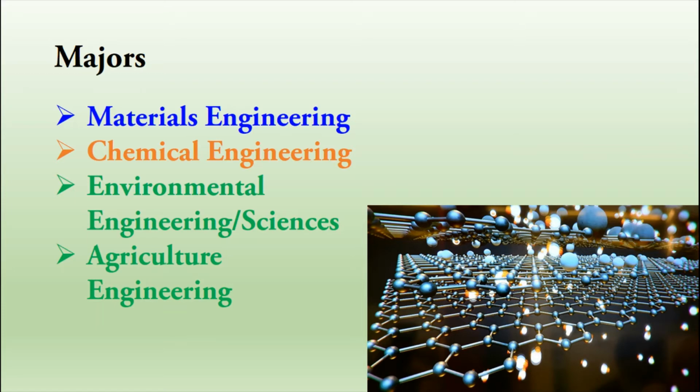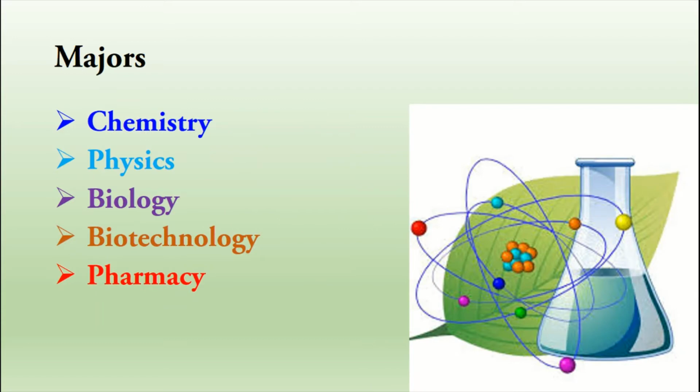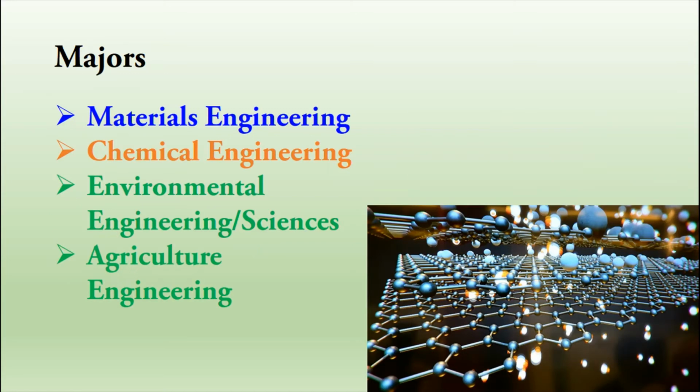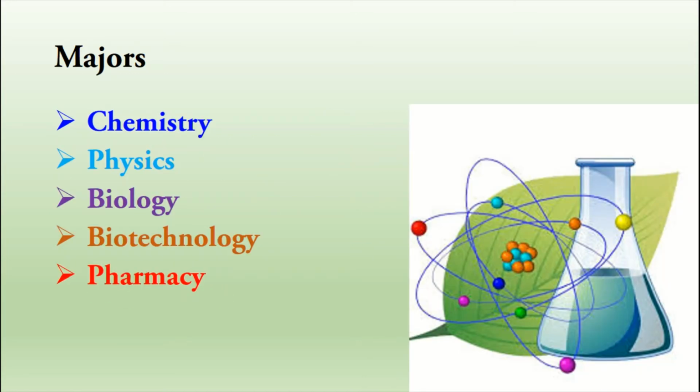Further, you can search by your own if you are in an engineering field. In the natural sciences they post from chemistry, physics, biology, biotechnology, which is also a subfield of biology, and pharmacy. So in about 5 or 6 or even 10 fields or majors, professors commonly post open positions on these websites. So let's go to each website and I will explain how you can search by using them.